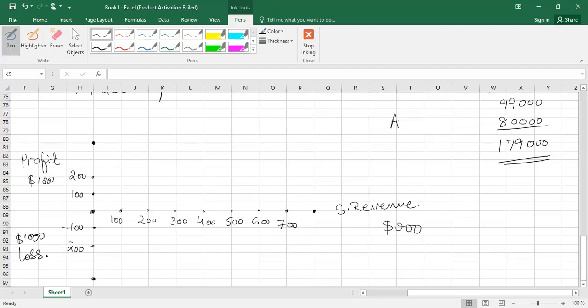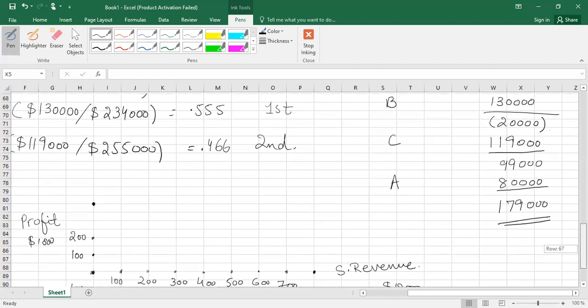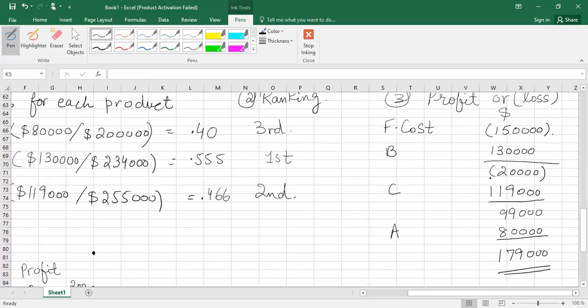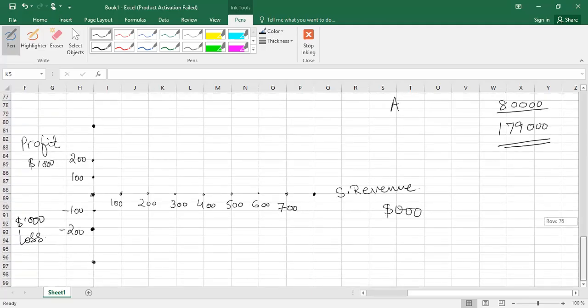Now how to start this graph? This will start from fixed cost. But we are saying that due to our Product B, the loss of 150,000 has reduced to 20,000. And what is the revenue of the product B? It is 130,000. So this is the point we assume, which is representing the revenue of B. It is the point of minus 20,000 loss.